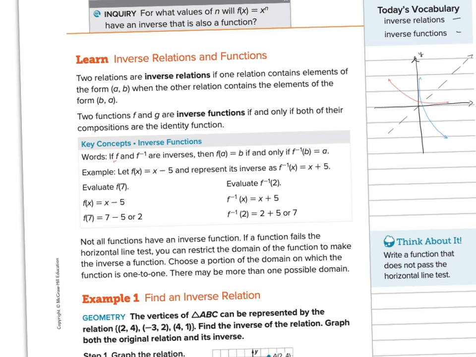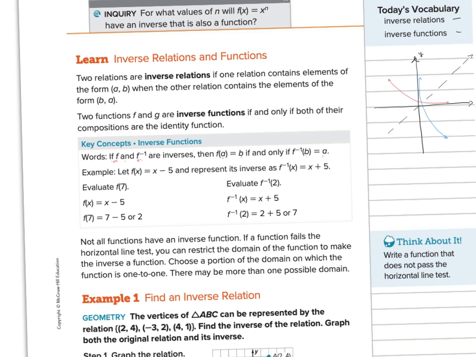If f and inverse f, f of negative 1, are inverses, then f of a equals b if and only if f inverse of b equals a. So they're saying that literally when I put an x into function f, I get out a b. So in my inverse, if I put a b in, I get out an a.